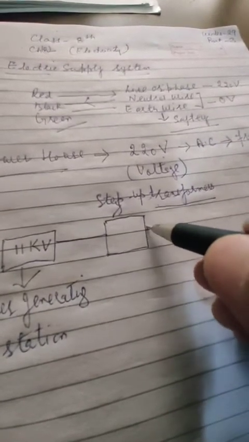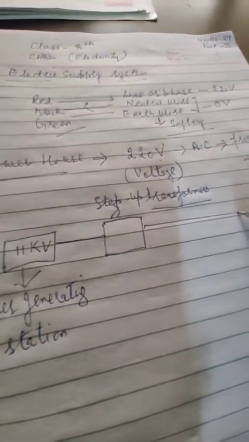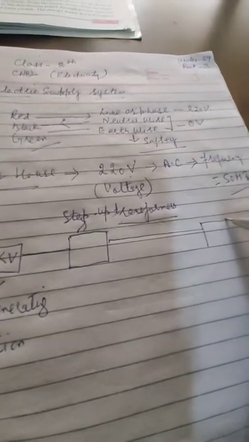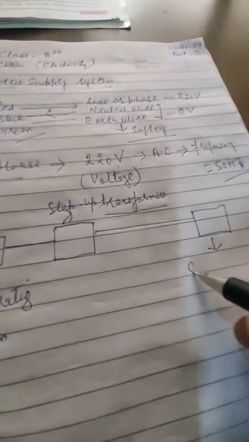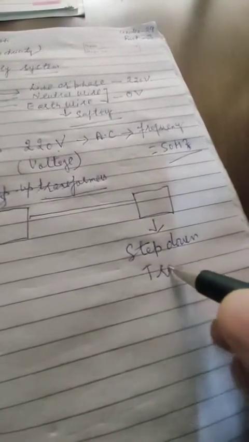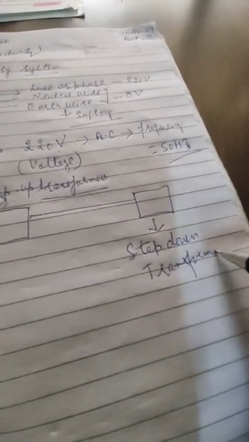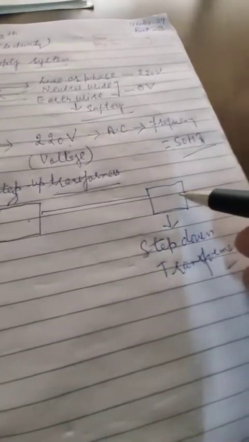Then the electricity is supplied like this. Then here will be step down transformers. Now this voltage is then decreased.